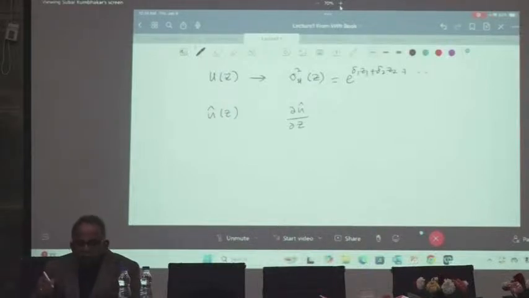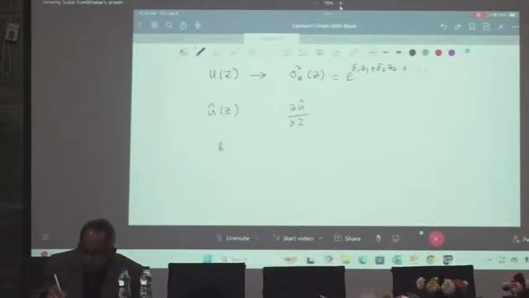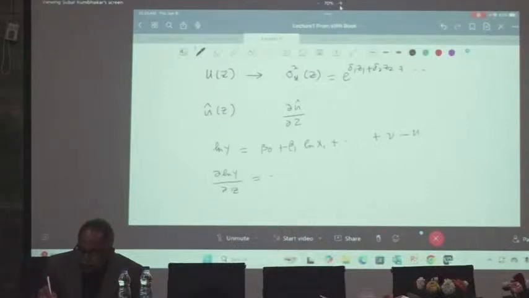And remember, since the model is like this, your derivative of y with respect to z is the same as this.